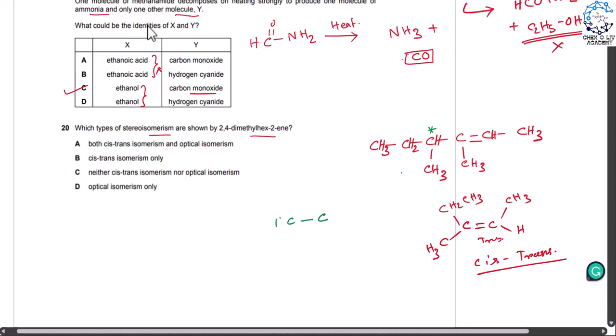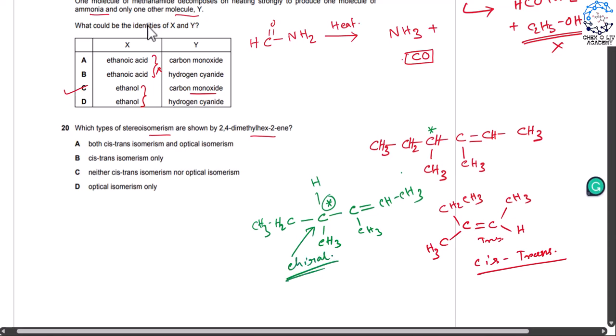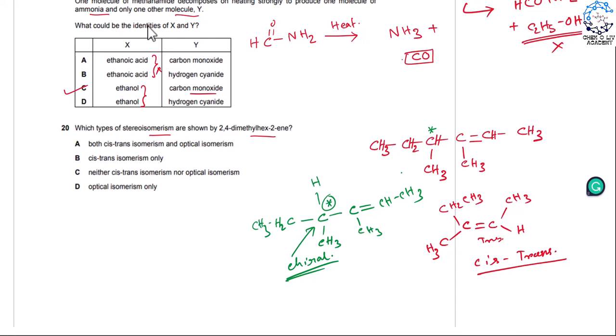One side it has CH2CH3, one side CH3, one side hydrogen, and one side it's connected with the C double bond, the big group CH=CH3. So this carbon is a chiral carbon, and it's going to show optical isomerism, enantiomerism. So we get both cis-trans isomerism and optical isomerism from this molecule.